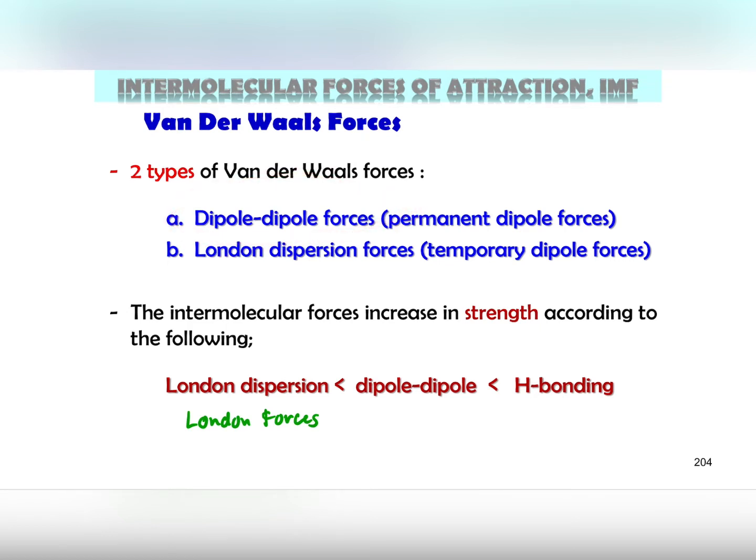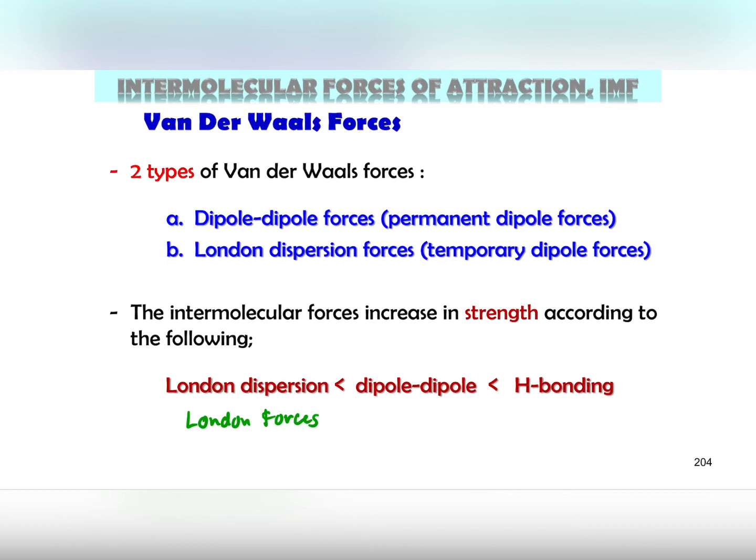The next one is London dispersion forces ataupun boleh tulis London forces ataupun dispersion forces. It is categorized as temporary dipole forces. Ini pun Miss explain dalam our last Google Meet session. Siapa yang terlepas, you guys pergi tengok balik recording.